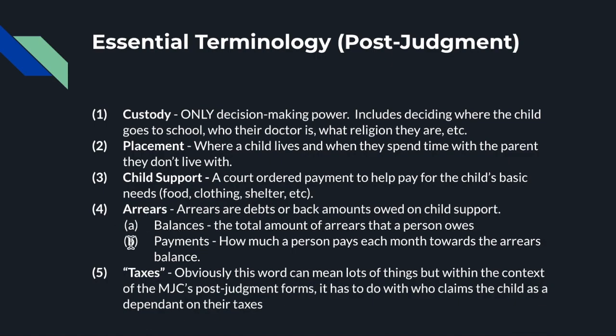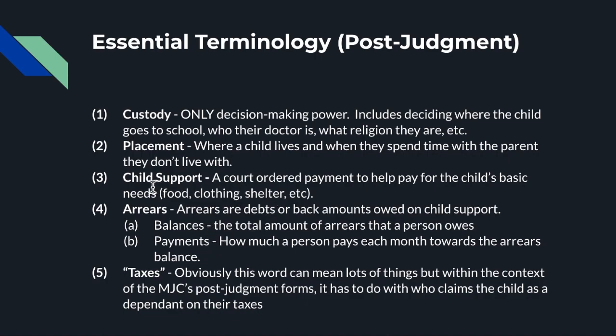Arrears payments are how much a person pays each month toward the arrears. This could be different than their child support payment. So going back to my example, let's say I pay $100 a month in child support and I have that $600 of back amount. It could be that a court then orders me to pay $25 a month toward the arrears.